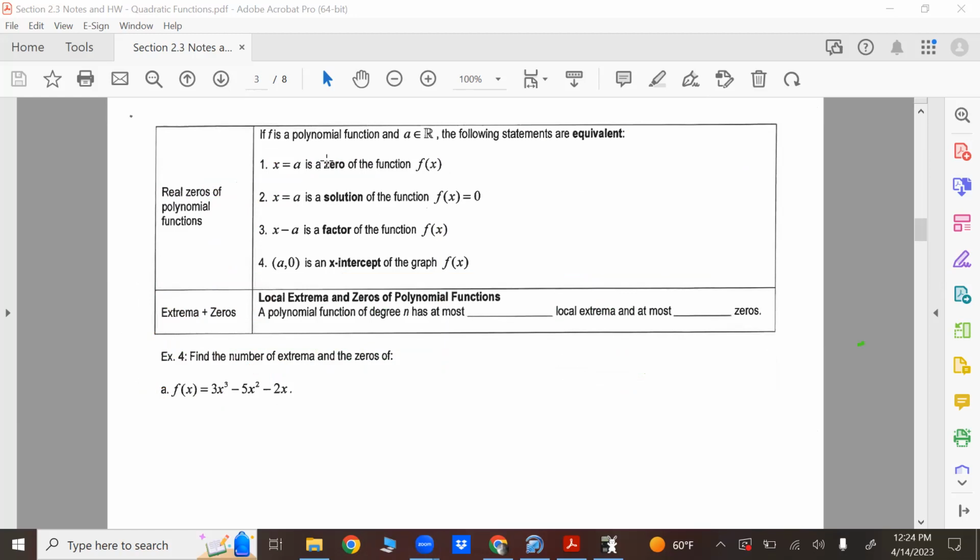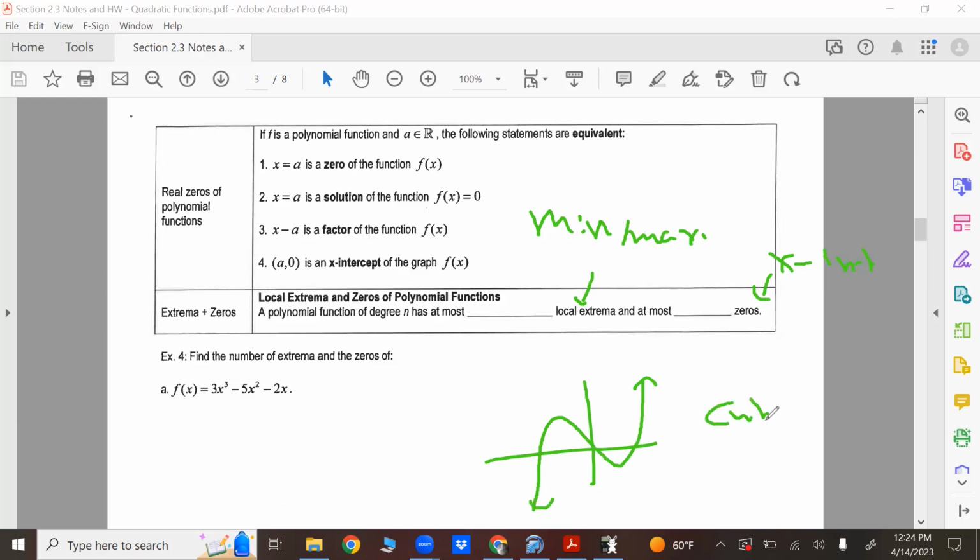So a polynomial function of degree n has at most n minus 1 local extrema, which are mins and maxes, and at most n zeros, which are x-intercepts. So for example, what if I have a curve that does this? This is a cubic polynomial, by the way. What does cubic mean? 3. So if your polynomial has a degree n, degree is the highest exponent.